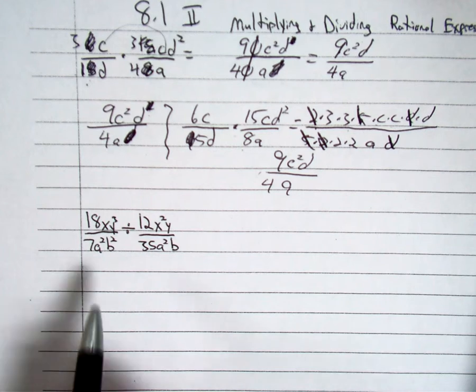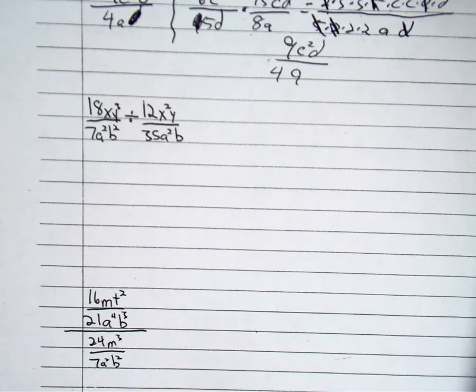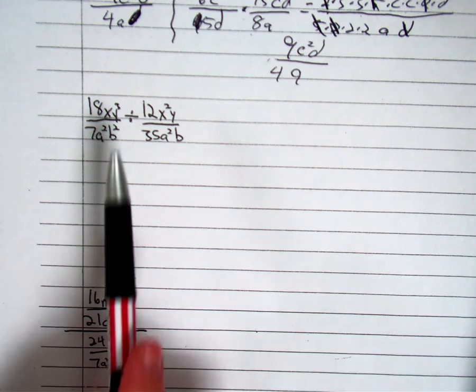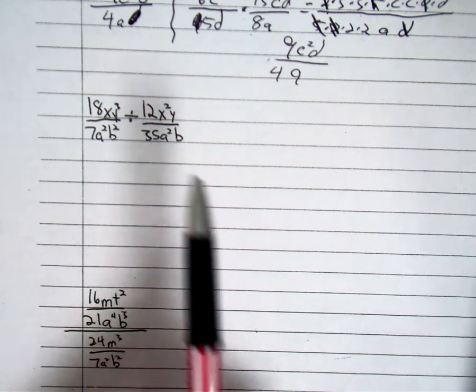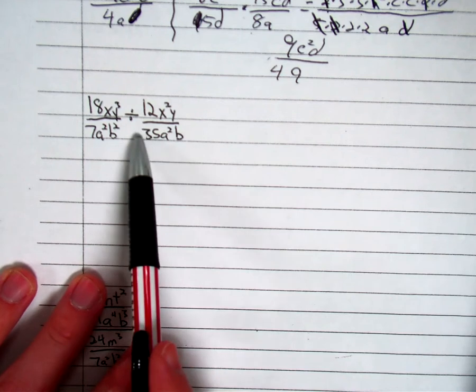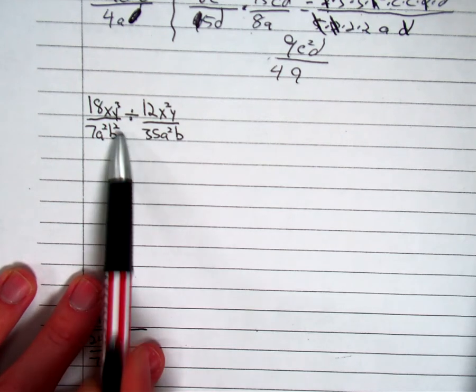Alright, let's slide on down to this one. 18xy to the third over 7a squared b squared, divided by 12x squared y over 35a squared b. So instead of dividing, we are going to multiply by the reciprocal.